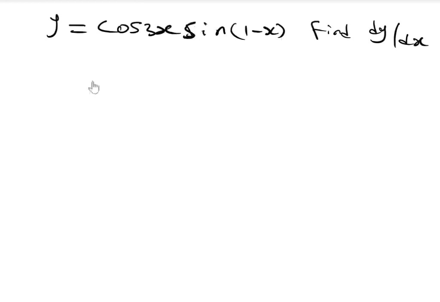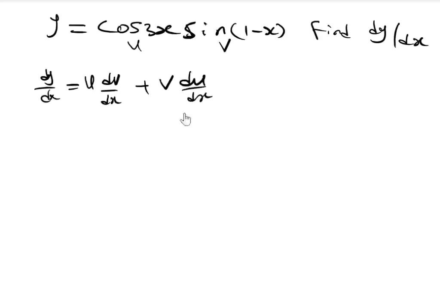Let's call cos 3x u and let's call sine(1 minus x) v. And the product rule formula is dy/dx is equal to u dv/dx plus v du/dx. Now it's left for us to find dv/dx and du/dx.